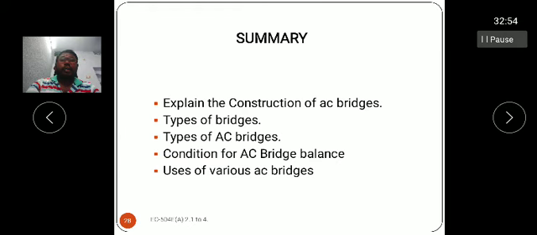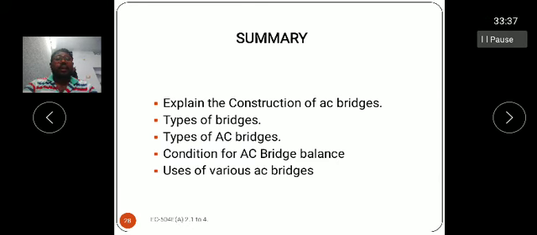These four are connected in a diamond shape. Two opposite corners of the bridge are connected to the supply, and the remaining two opposite corners are connected to the detector or galvanometer. If the excitation supplied to the bridge is AC, the response is alternating current, and the bridge circuit is called an AC bridge.